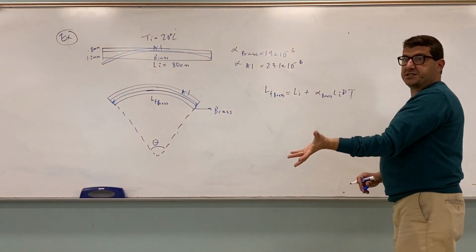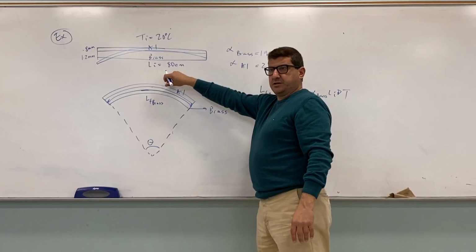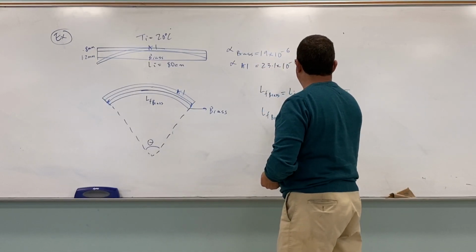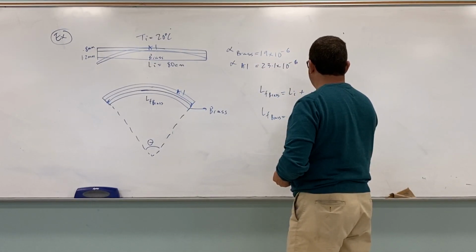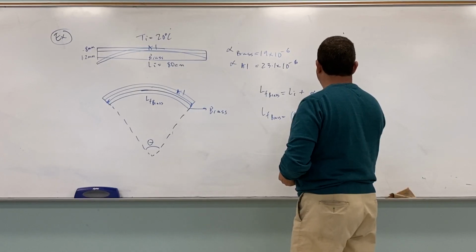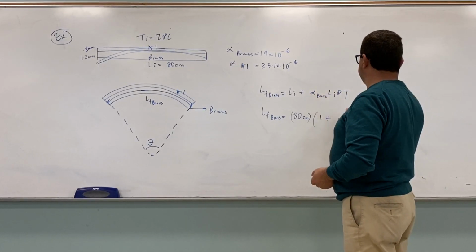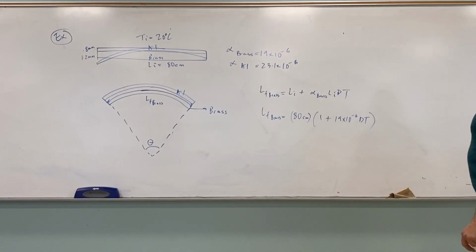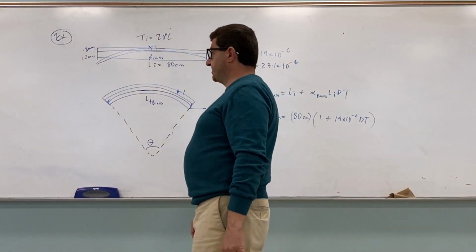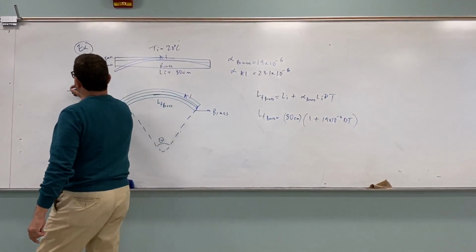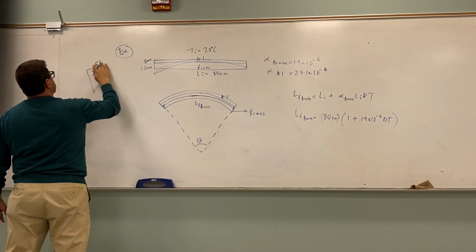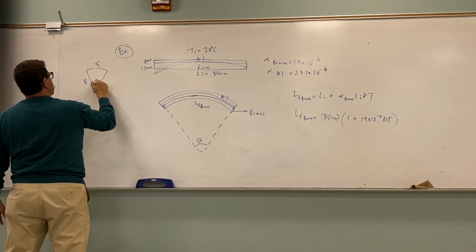Now their L initials are the same, right? They're both 80 centimeters to begin with. So we could factor the L initial out, 80 centimeters, then 1 plus alpha brass, which is 19 times 10 to the minus 6 delta T. Right? So based on trig, if you have an arc length like this, this is arc length S, R theta.